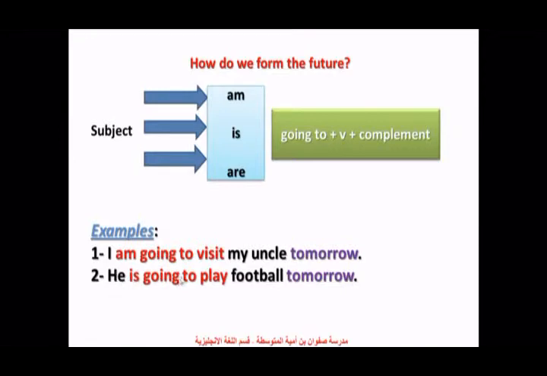He is going to play football tomorrow. Let's see a third example. They are going to join a club next week. Notice that the verb to be here is are. Are always goes with they. They are going to join a club next week. Next is always used in the future.